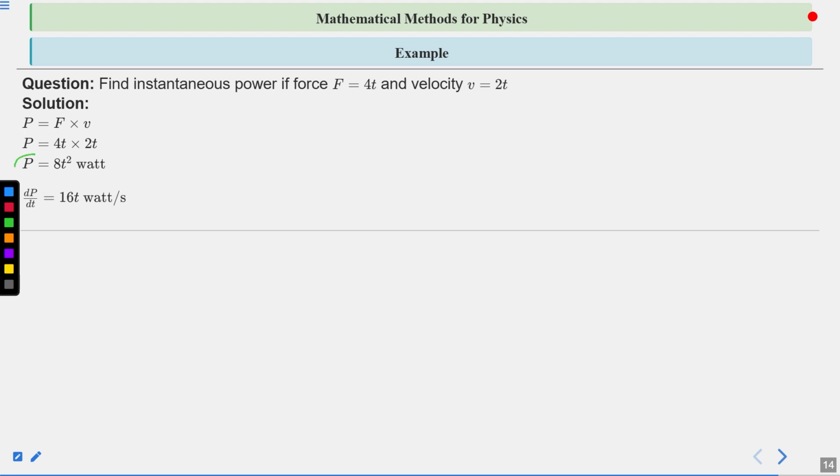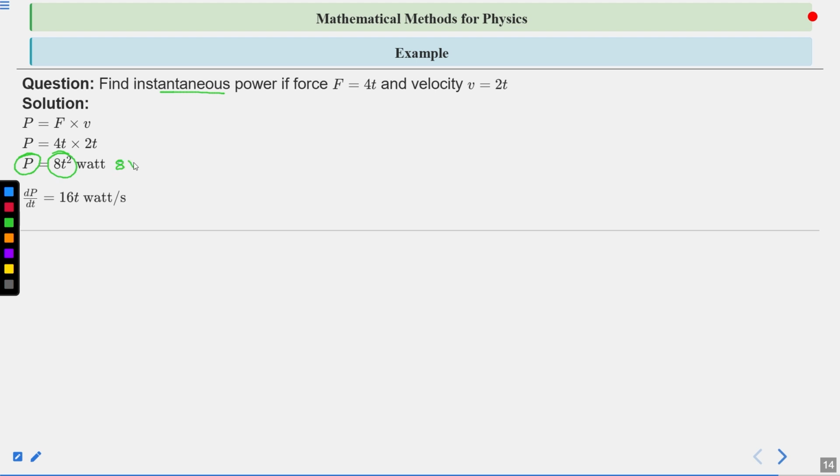So taking the derivative of power, we will get the instantaneous power. So it will be dP upon dt. So the derivative of t square is what? Taking the power outside and subtracting 1 from the power. Yes or no?